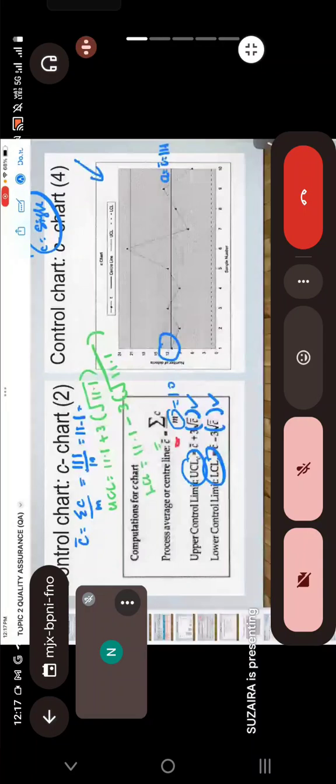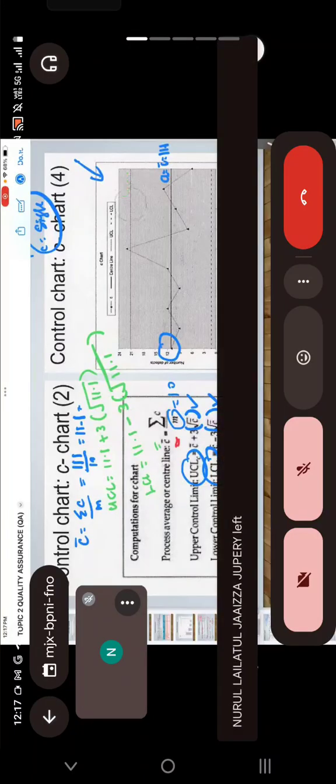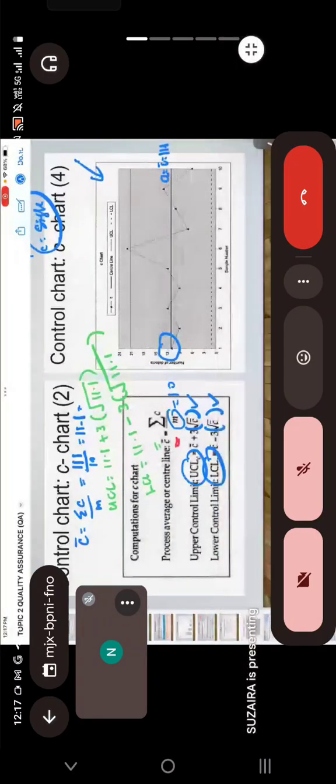Alright, so the UCL here is equal to 21.09.